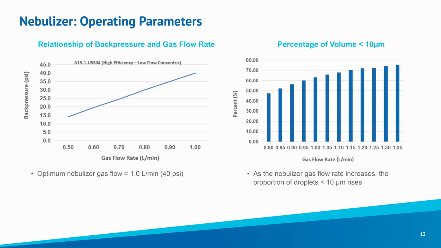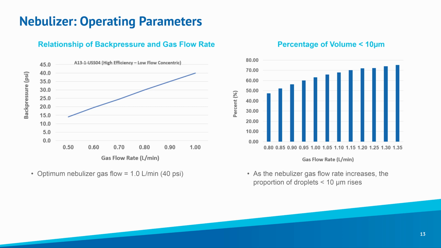For ICP-OES, an argon flow rate of around 0.7 liter per minute is ideal for stable plasma and accurate analysis. In contrast, ICP-MS often requires a higher flow rate, around 1 liter per minute, to enhance transfer efficiency and sensitivity.